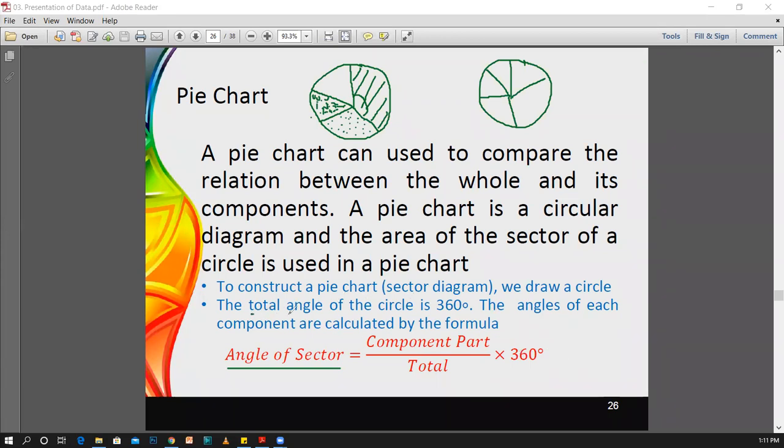It is because the total angle of a circle is equal to 360 degrees.